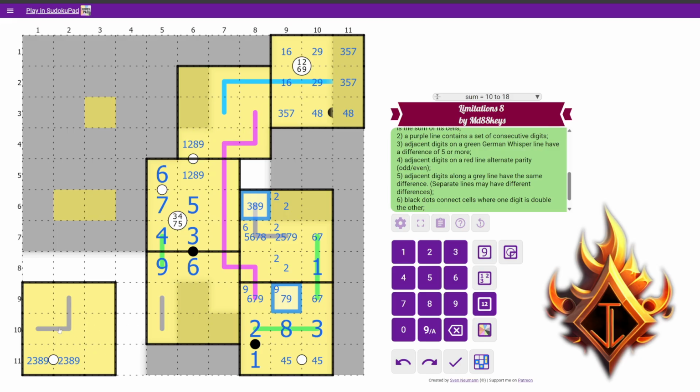Nine would be down here, which means that one would be 2, 3, and this one would be 8, 9. So 9 would have to be either here or one of those, or here and here.